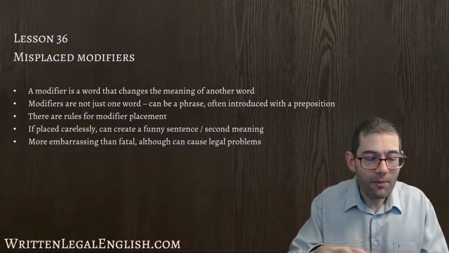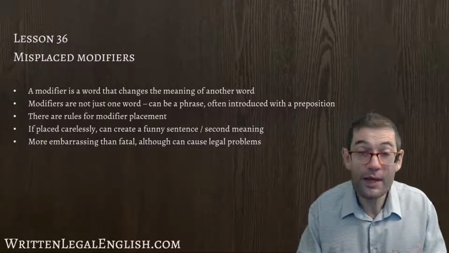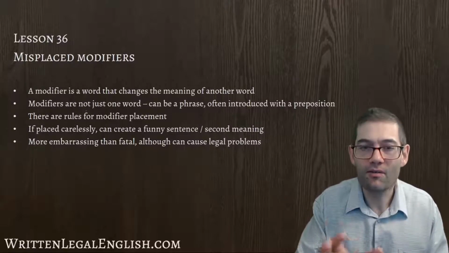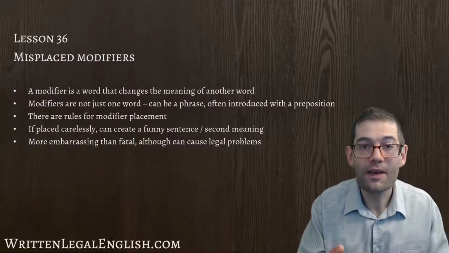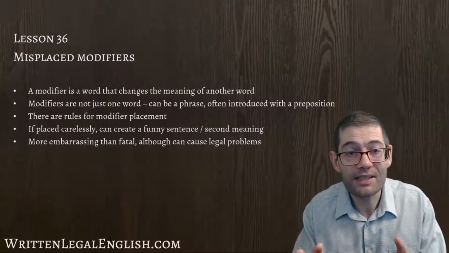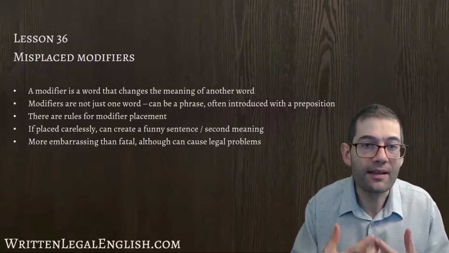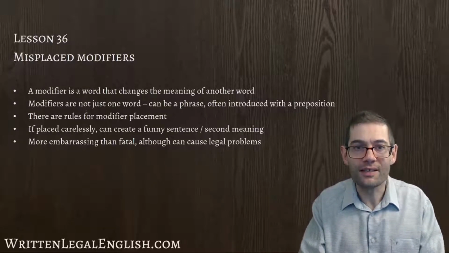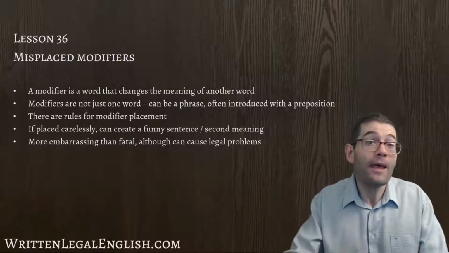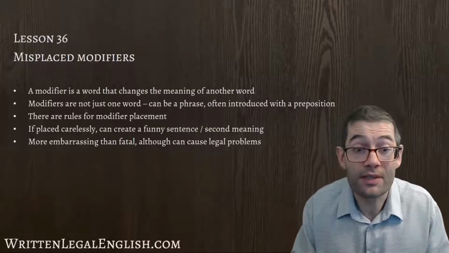So there are a couple of things to be aware of here. Not just a word, could be a phrase. These phrases generally include prepositions. But the rules remain the same as regards placement. That is to say, we want to put that phrase as close as possible to the thing that we want to modify. So that bit stays the same. And the reason why this problem exists is also the same.